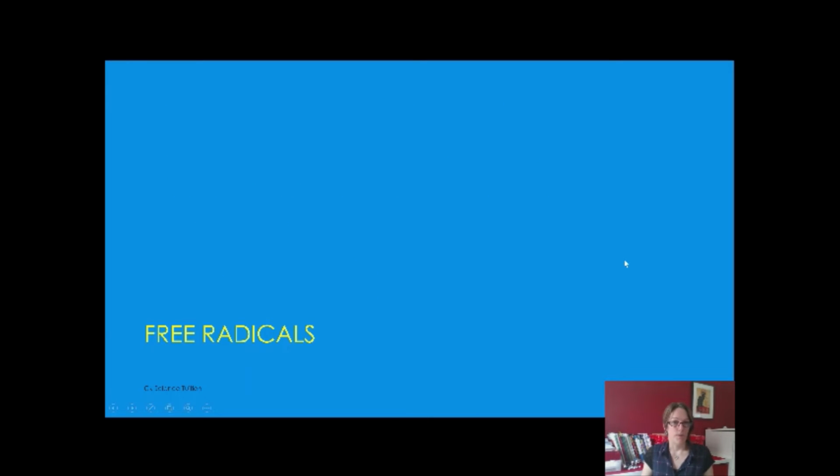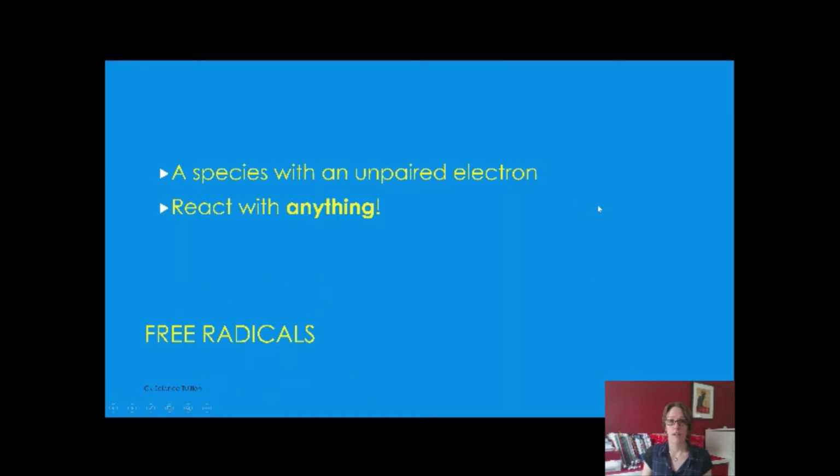Free radicals. They're kind of the leftover species. Their mechanism is very different. We don't tend to have to draw curly arrow mechanisms for free radicals. It's a species with an unpaired electron, so anything that has an odd number of electrons. It's extremely unstable, which means it will react with anything. It doesn't really matter what functional group you put a free radical with.